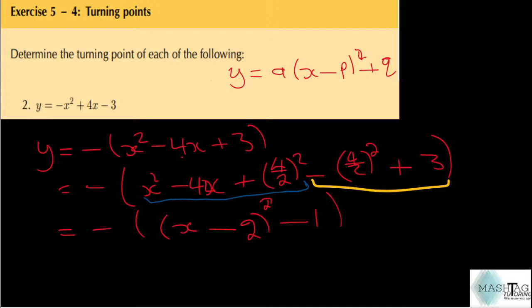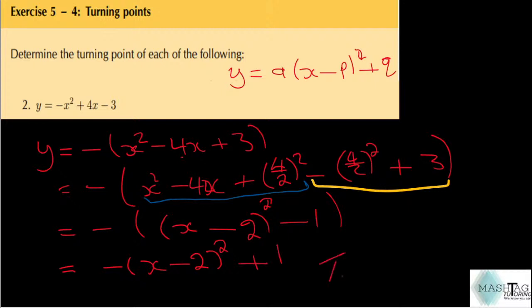So from there, you're not done, because remember, you still have this negative out here as your value of a. So to make it a value of a, you bring it inside by multiplying whatever is in the bracket with the negative. So you'll have a negative x minus 2 squared, minus times minus 1, you'll get a plus 1.